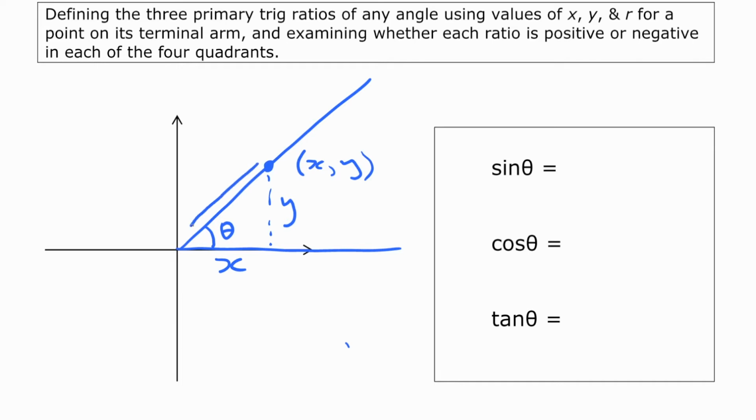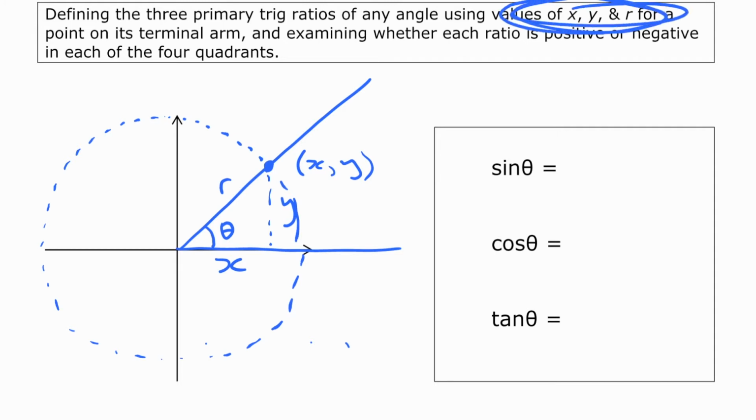And then this distance that, in a triangle we would have called the hypotenuse, we're going to call it r for radius, because we're going to imagine that this point can rotate all the way around here like this. So it traces a circle if you rotate it around. So we have x, y, and r. And we're going to write our trig ratios based on that.